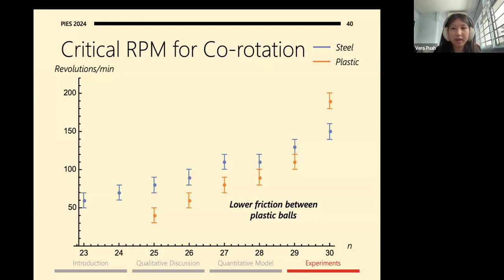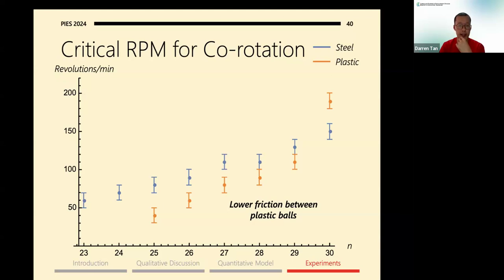So basically what's happening in this lower region, yeah? I think what you just mentioned is really interesting. For these two kinds of balls, you kept everything the same, including the radius and so on. Is that probably what you did? Okay, so you found that the orange point is higher than the steel one at high numbers, where n is the number of balls in the container. So that means when it's very packed you need to spin it faster.